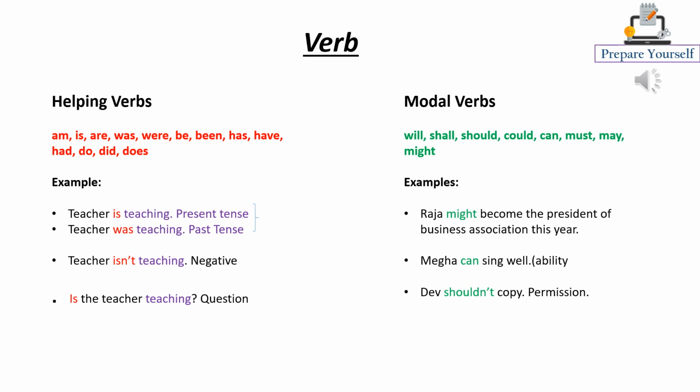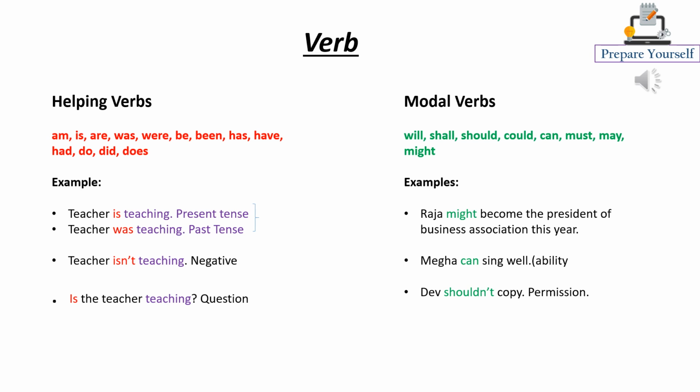Sentence number 2: Teacher isn't teaching. Now, is and not together are converting the sentence into a negative sentence. Number 3: Is the teacher teaching? Now here, is has played the role of converting a simple sentence into a question. Is indicates that the speaker is asking the question.